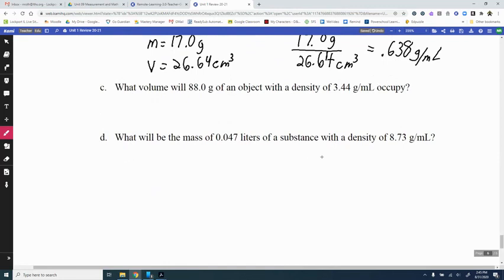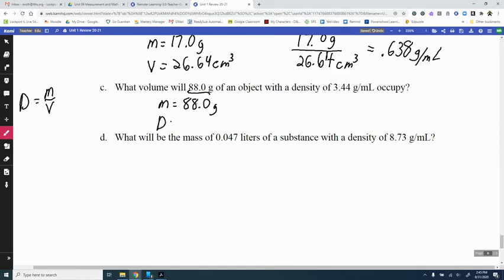All right, next, I'm going to write this formula down again. What volume will 88 grams of an object, so 88 grams, that's our mass, of an object with a density of 3.44 grams per milliliter?